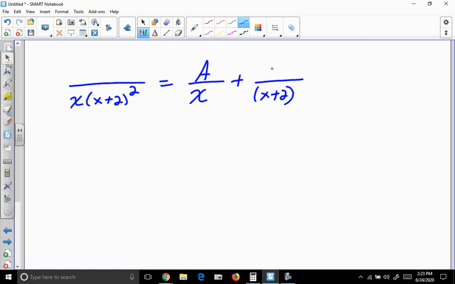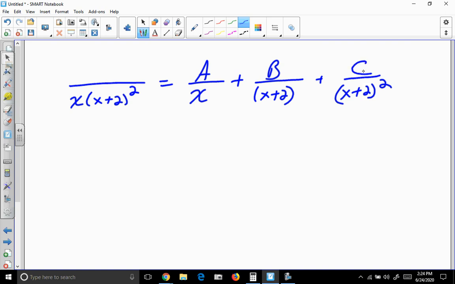Since that's x to the first, we can only have a constant on top, but we could also have an x plus 2 squared. So if we have this factor repeated, we're going to have different fractions where we have this starting at the first power and going up to that power. So if this was a 3, we would have x plus 2 to the first, x plus 2 to the second, and an x plus 2 to the third.